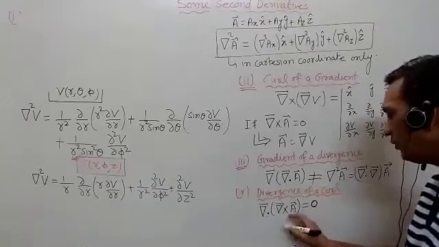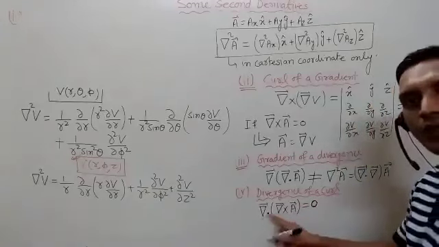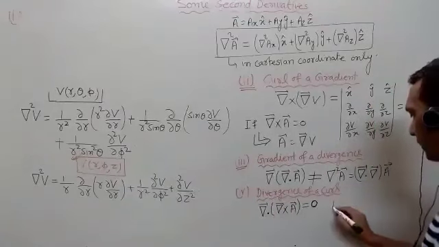So first find the curl of A and then take the divergence, you will get divergence of a curl is always 0.